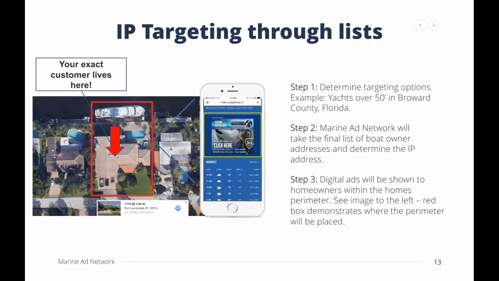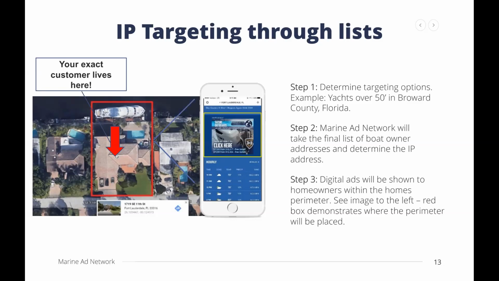So we went in and got our list of everybody that we want to target. We take that list, put it into our server, and it spits back out a list of IP address matches. From there, we're able to serve digital ads directly into the home of the person with the 50-foot or bigger boat in Broward County, Florida.